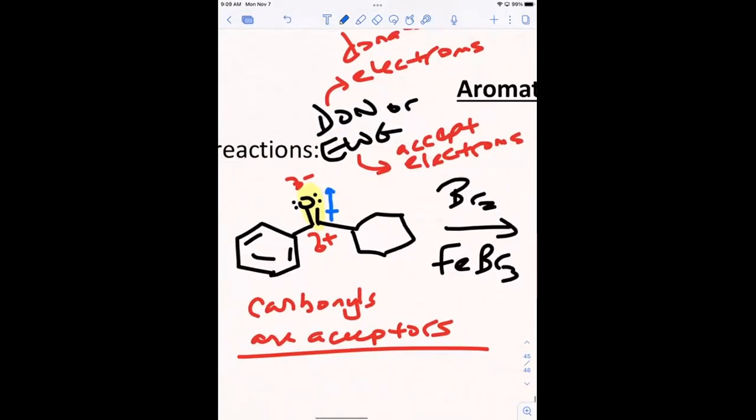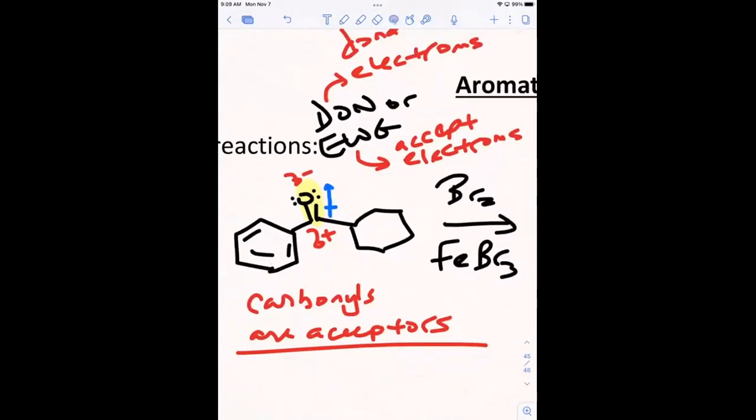And if I drew a resonance form, which I can do, it's the carbon that will accept the electrons.